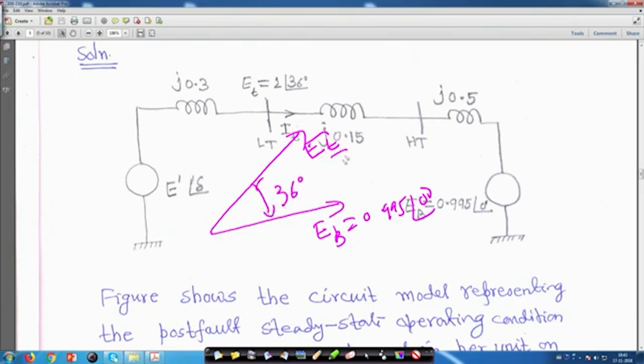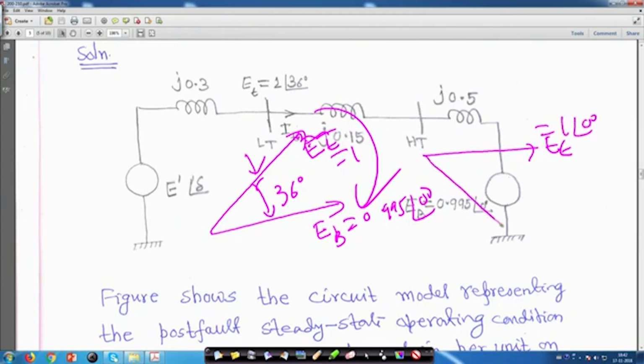Now, if you rotate the phasor and bring E t as the reference, this one will go down. So, if E t is 1 angle 0 degree, then E b will be at an angle of 36 degree below it. The meaning is the same, and this helps us for easy computation.